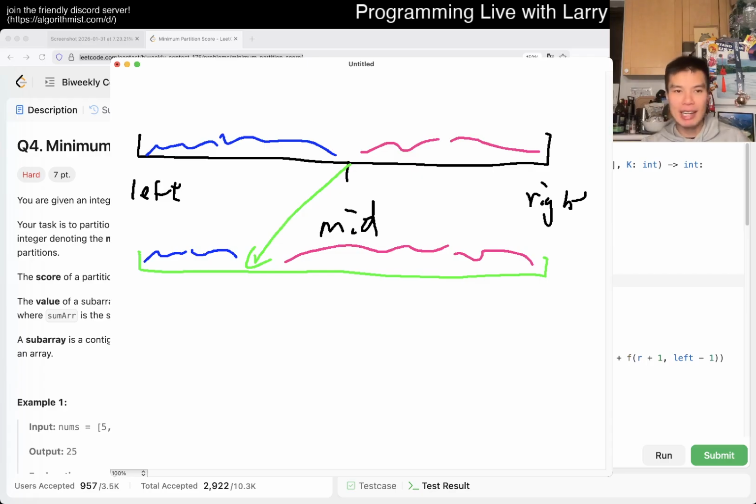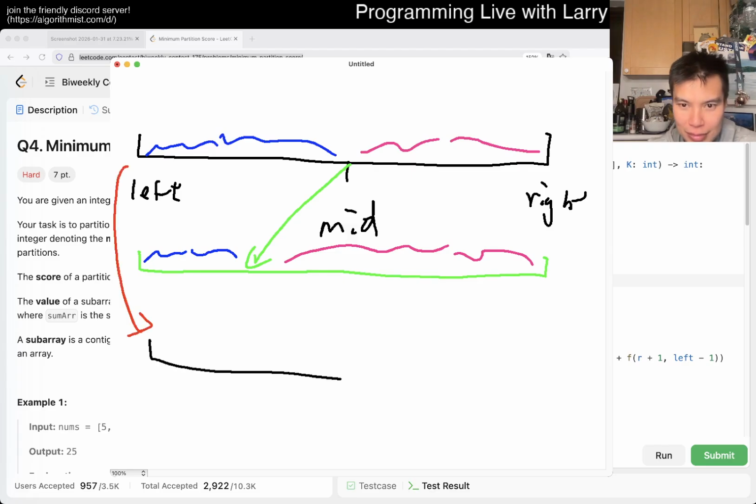When you have a divide and conquer, now you can just recurse again, right? Then you pass down, and let's say you do a recursion and you go here, and then you have this mid, which is the new right. So you have left, new right, whatever, and then the actual right.